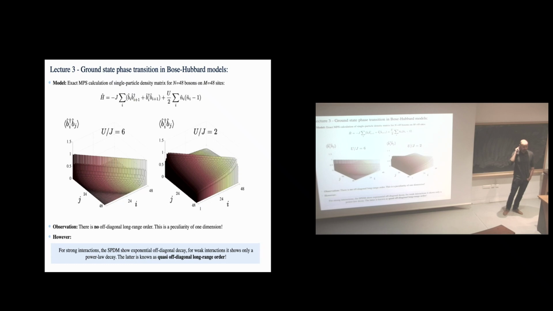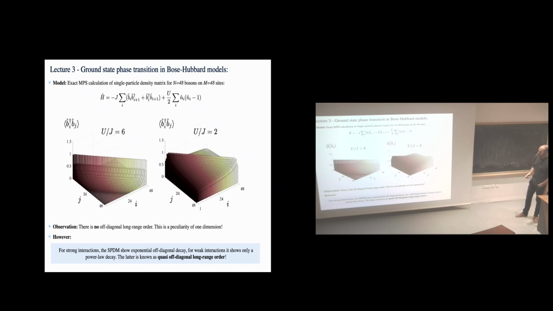This means if you do your mean field approximation and you go into this superfluid phase, you would expect the off-diagonal elements to be at a constant finite value, because this implies that you have one macroscopic occupation of one particular mode in your system.